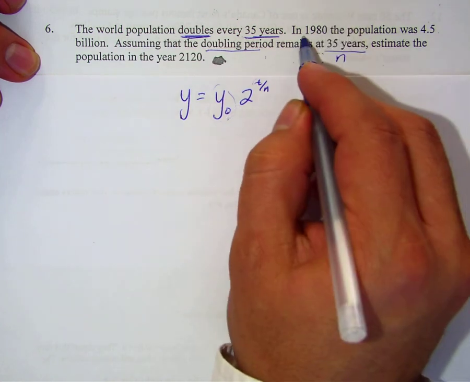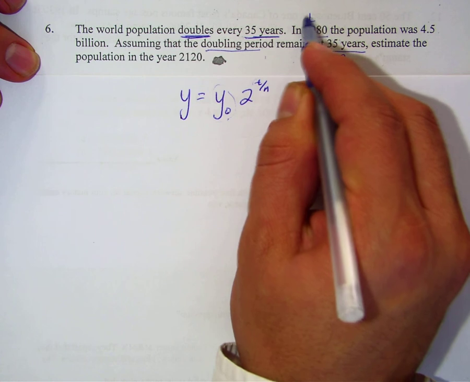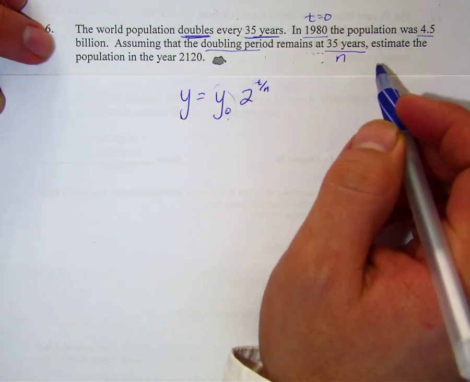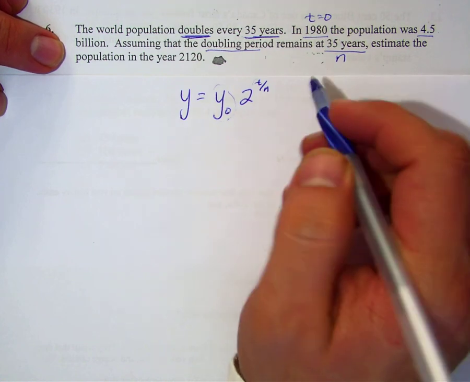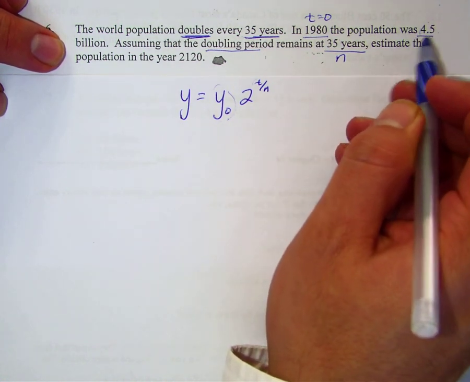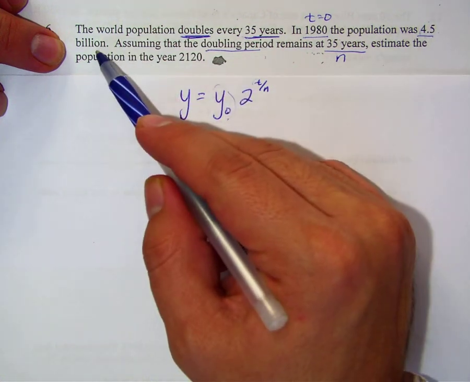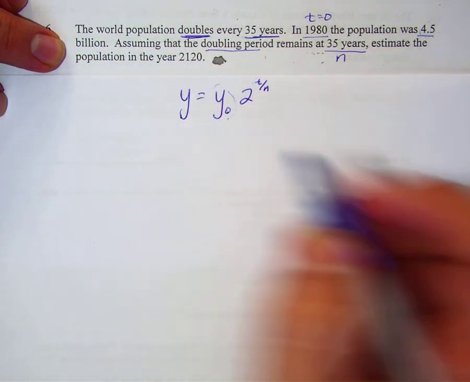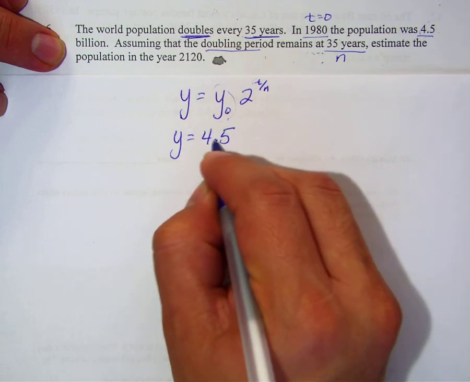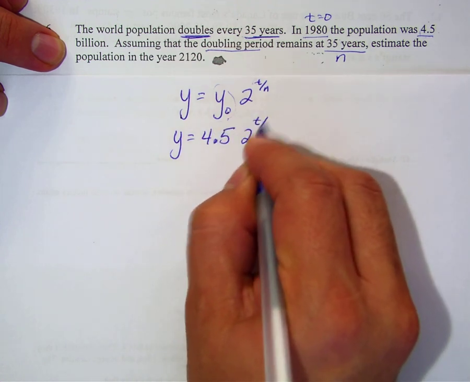So we're going to take 1980 as being time 0. That'll be our initial population, which is 4.5 billion. So we're going to use 4.5 and just keep these in terms of billions. So y equals 4.5 billion people times 2 to the t over 35.